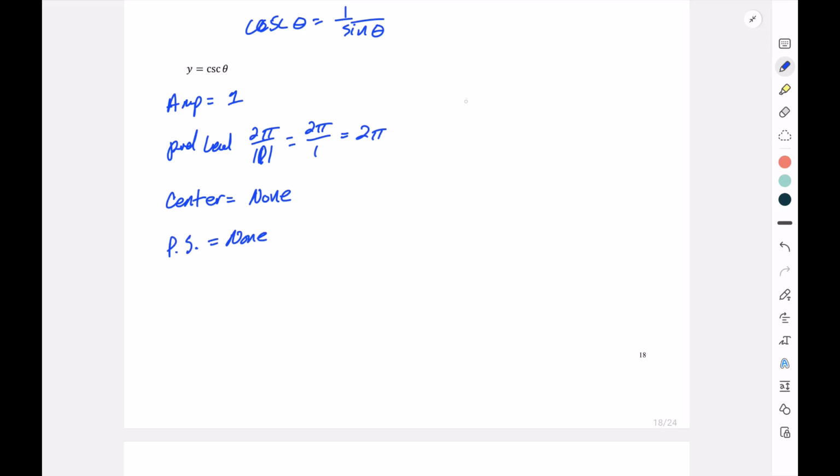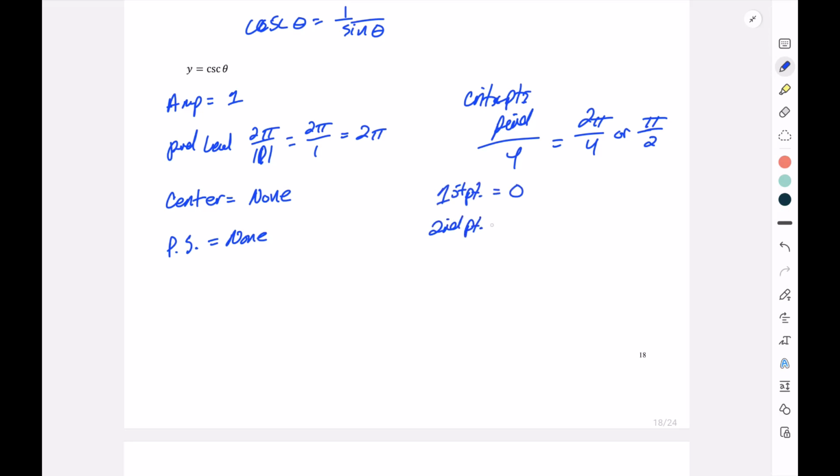For our critical points, we know that it is going to be period over 4, and our period is 2 pi over 4, or we could reduce it to pi over 2. So we're going to start at 0. Our second point would be pi over 2.